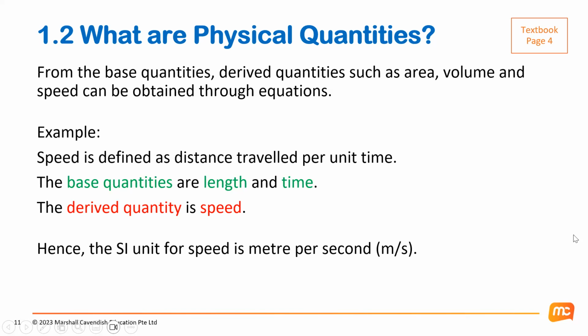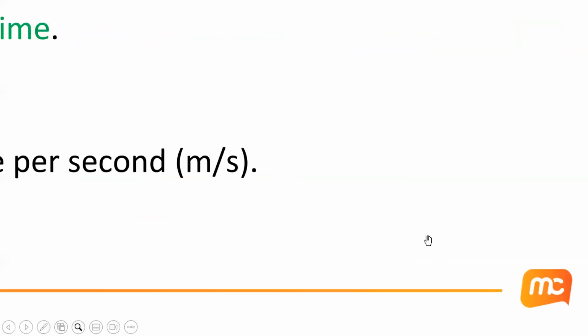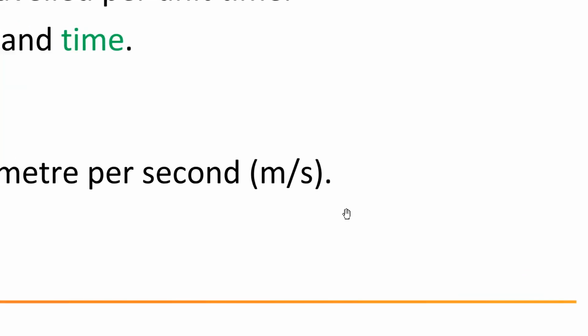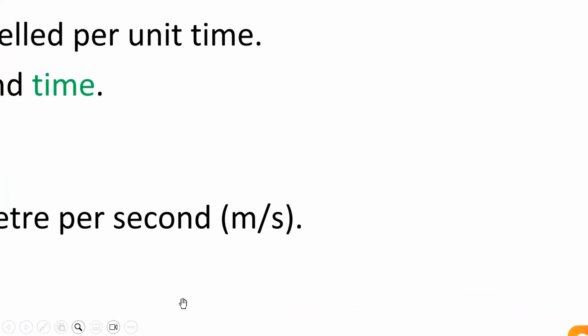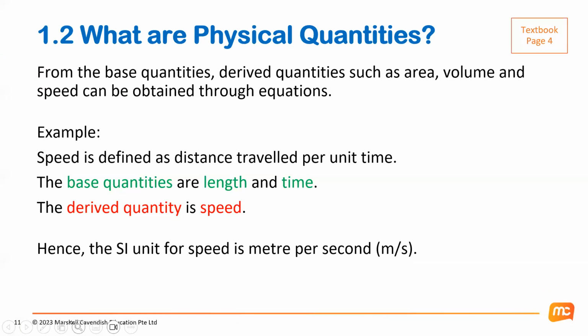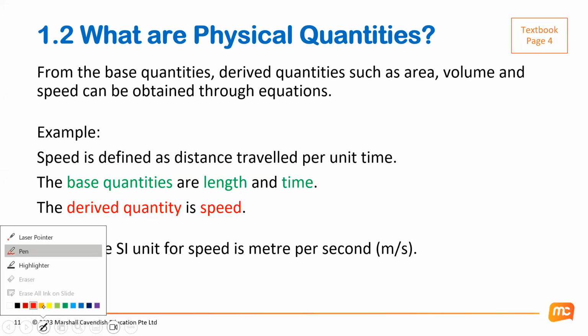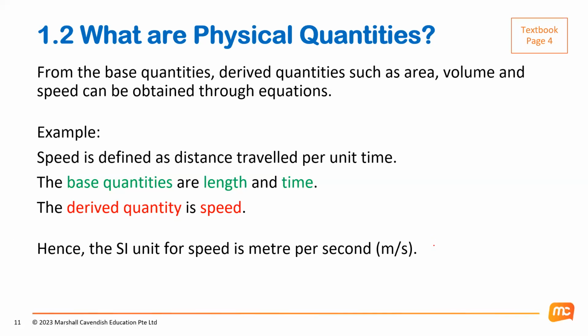We can write units in terms of meters per second like this, or very often you can find it in textbooks. Sometimes you might see ms minus 1. The minus 1 just means divide.